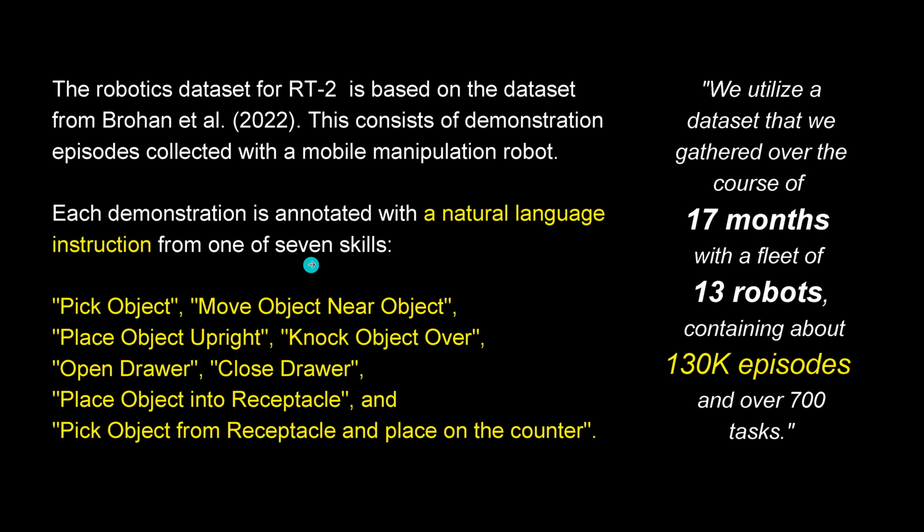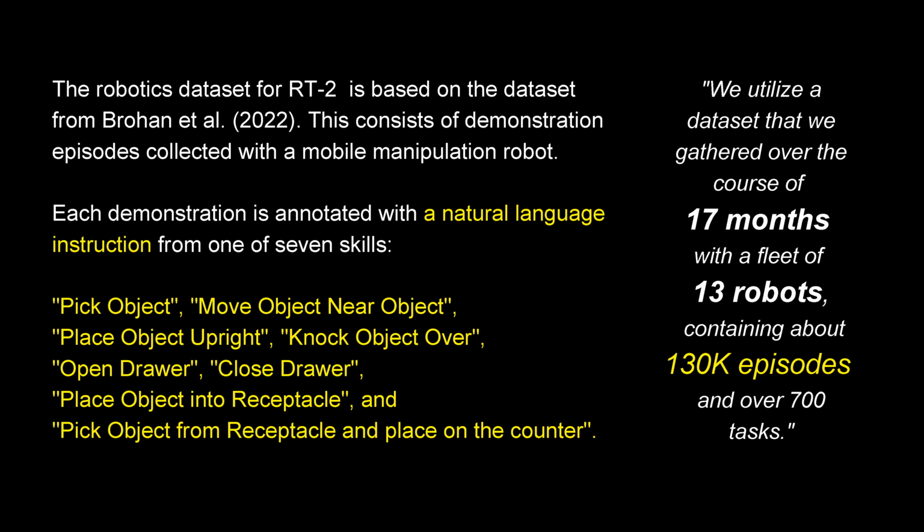We just say, I focus on 7 actions I want my robot system to do: pick an object, move an object 1 near the object 2, place an object upright, knock an object over, open a drawer, close a drawer, place an object into a specific form, or pick an object from a form and place it somewhere else.